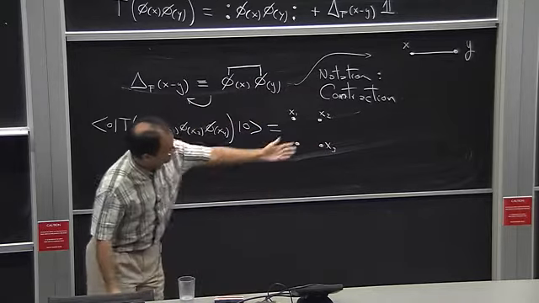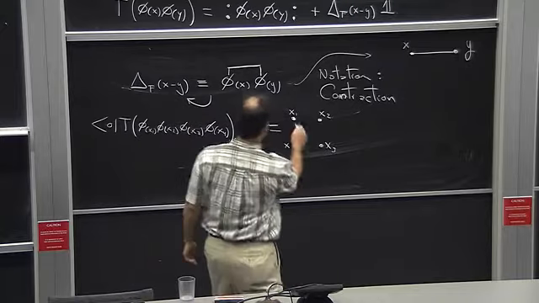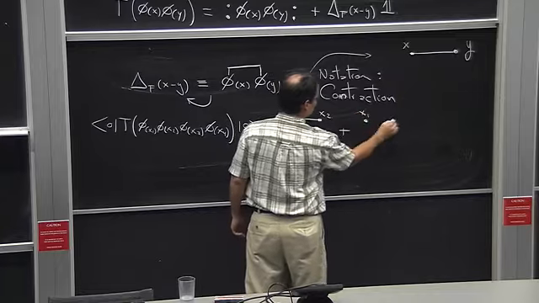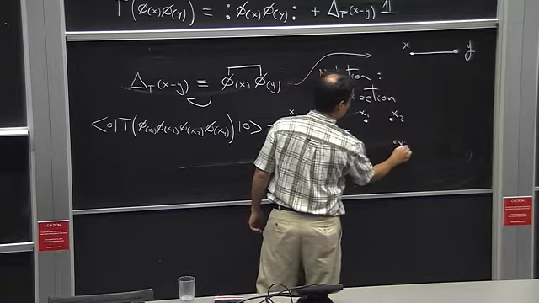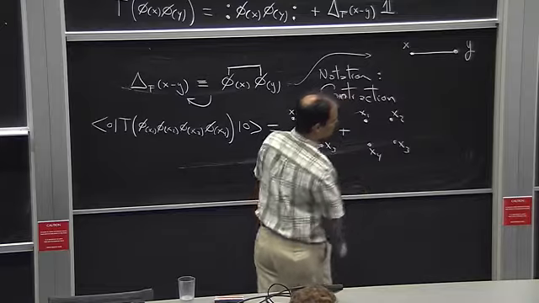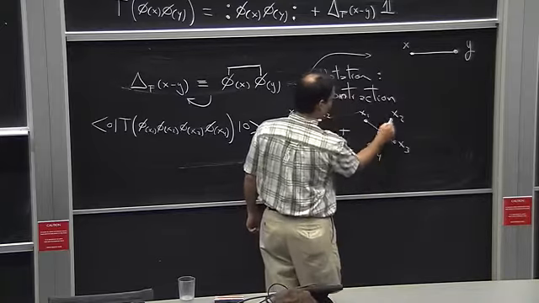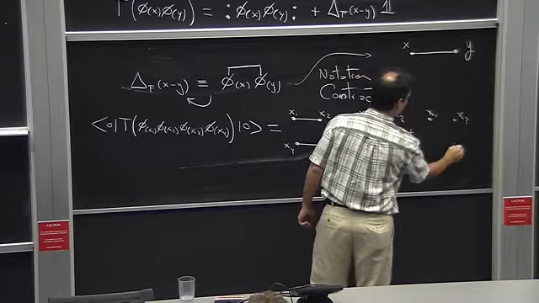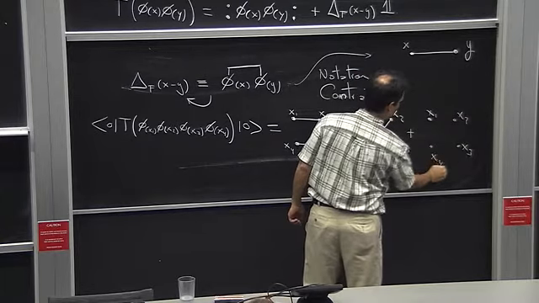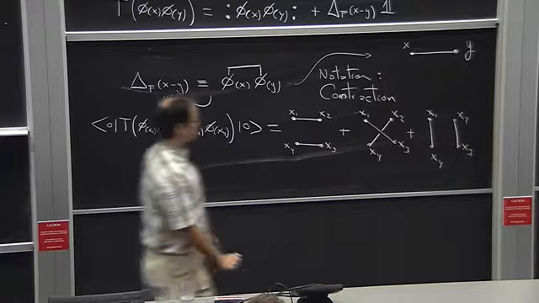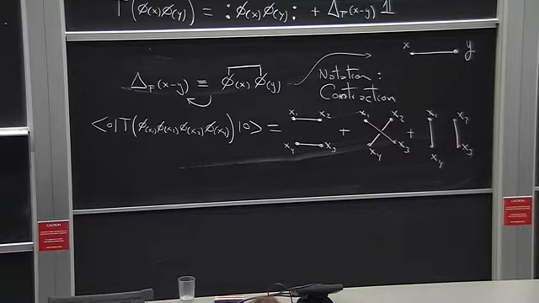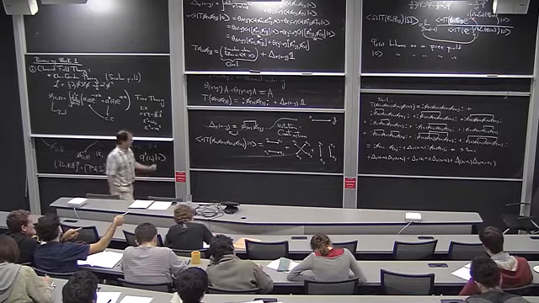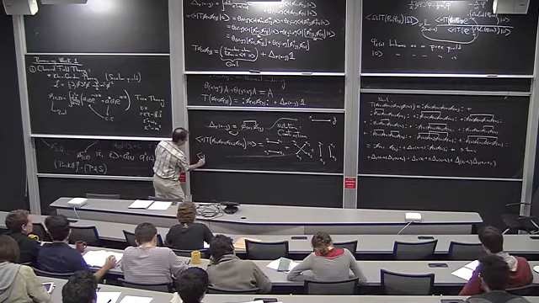you write this, and the first term will look like a propagator from 1 to 2, this. The next term will look like, so we go from 1 to 3, and the last term gives you this, okay? Now you can all guess, I hope, what this thing is going to be.